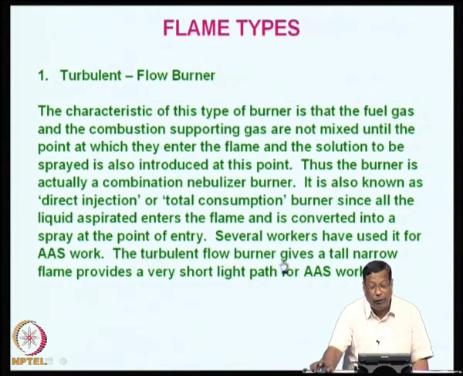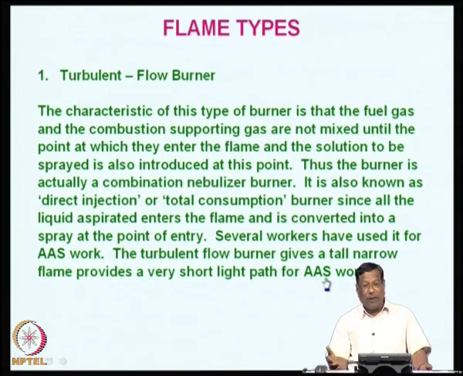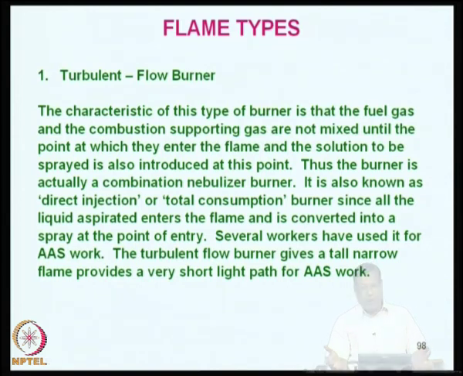The turbulent flow burner gives a tall narrow flame, but it provides a very short light path. Again, this is a problem, because if the light path or absorption cell is longer, then the absorption can also be higher.